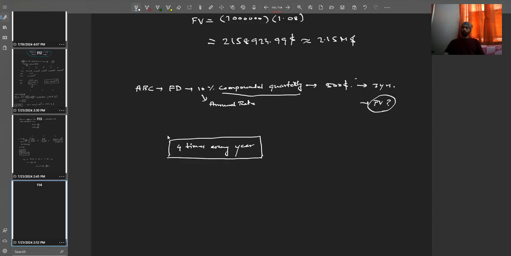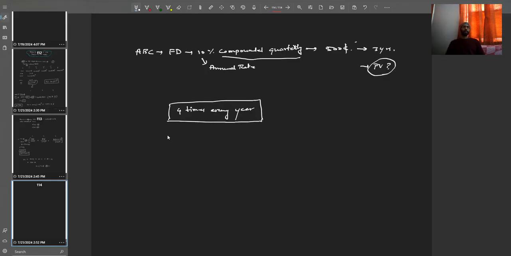So how do you calculate this? To calculate this, what you do is you divide 10% by 4. You add 1 to it and you raise this entire value by the number of years multiplied by the number of periods the compounding is going to happen.